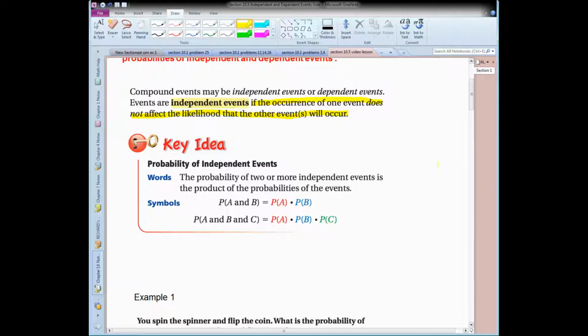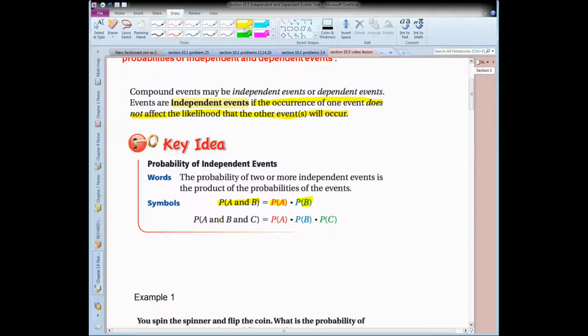There is a formula to find the probability of independent events. If I want to find the probability that A and B take place, and they are independent, then all I have to do is find the probability of A and the probability of B separately, and multiply them together.